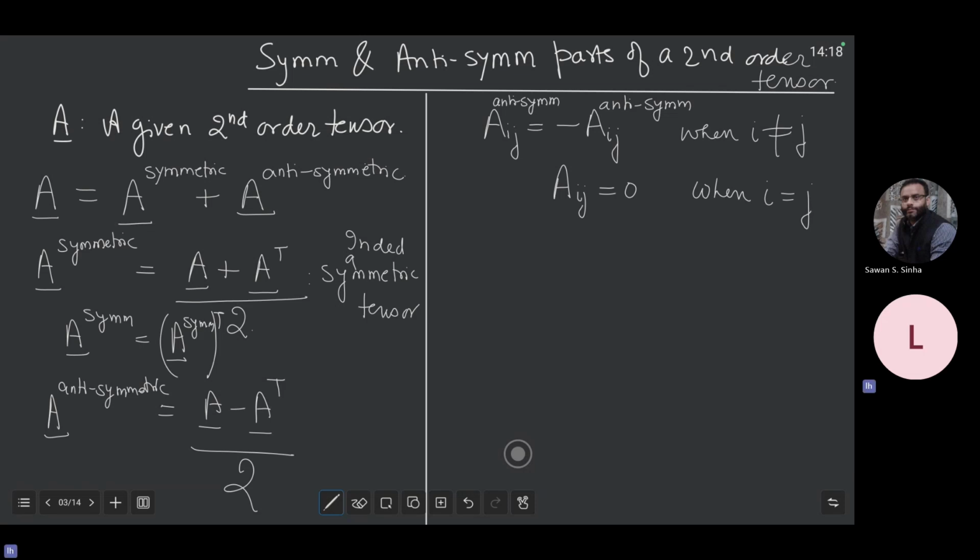Later we will learn that the velocity field gives rise to a second order tensor. Velocity is a vector, but we will do something to the velocity field of a flow. It will become a tensor, and then the anti-symmetric part will become the rotation rate, the rate at which a fluid element rotates.